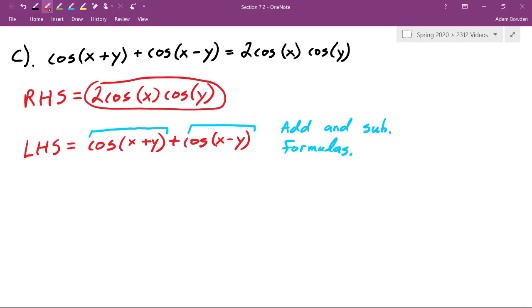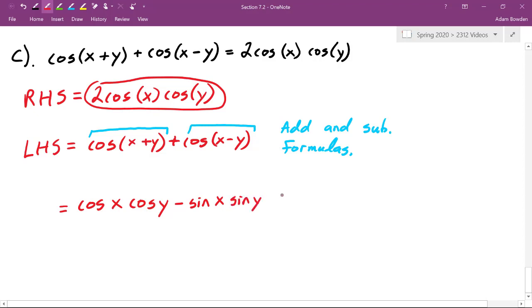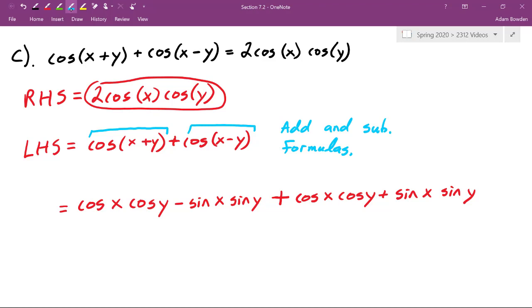If I apply those formulas here, the first one would go cosine x cosine y minus sine x sine y. And then if I use the other formula for the subtraction, it goes cosine x cosine y plus sine x sine y. So now at this point, we see if anything can cancel or go away.